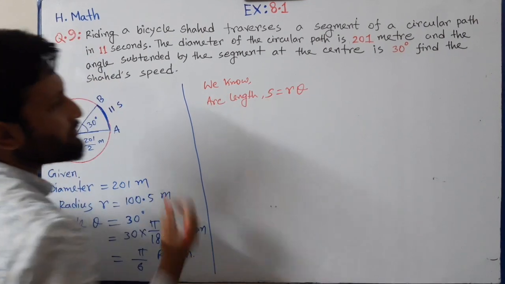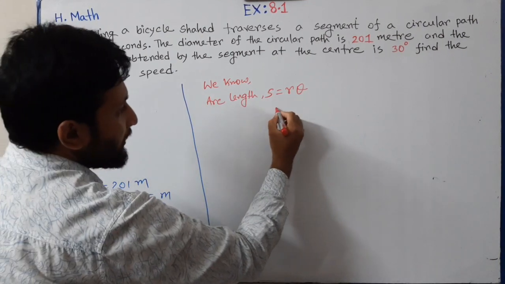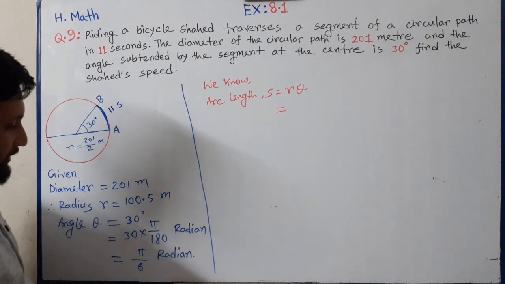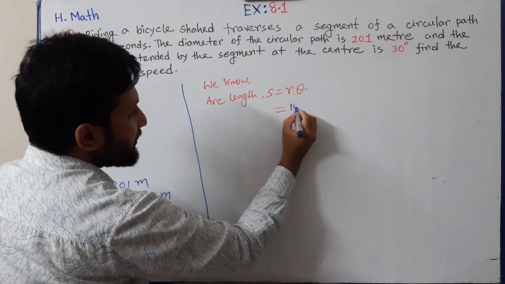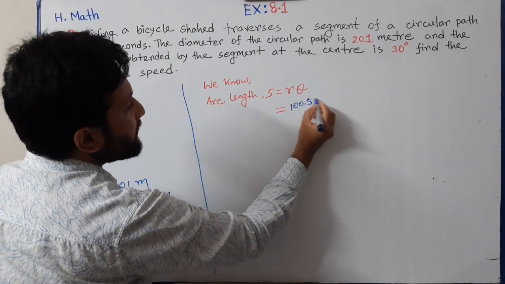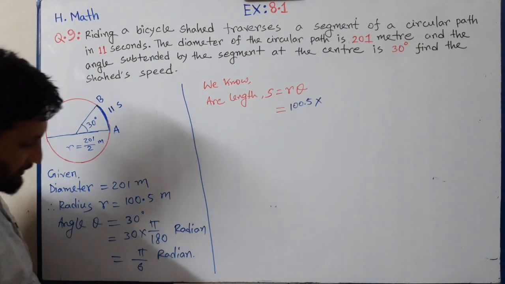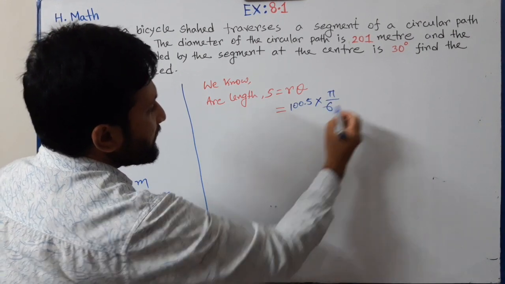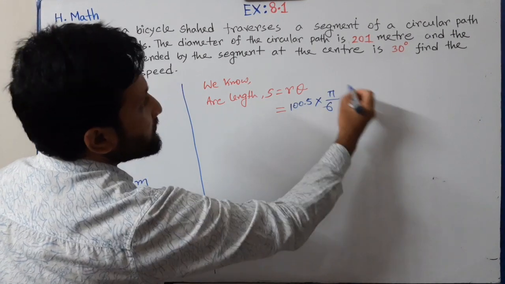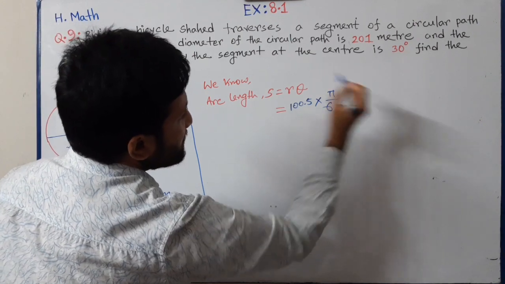Here the radius is 100.5, so we write 100.5 into theta. The value of theta is pi by 6, and the unit is meter.